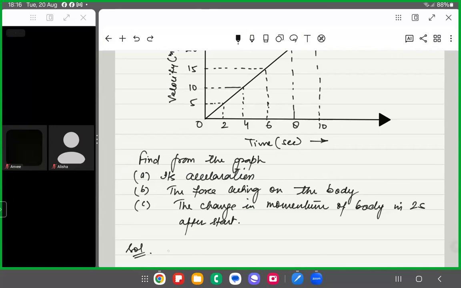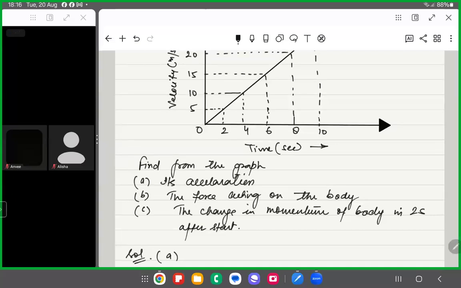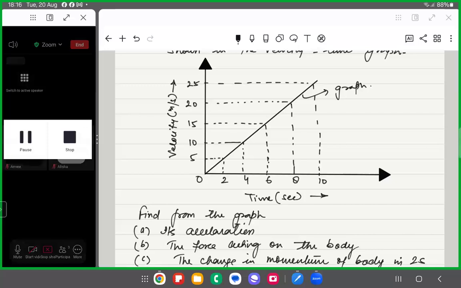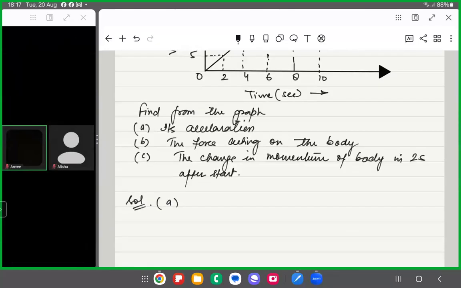So in the first part, as you can see, you have to find the acceleration. When you are given a velocity time graph, what does the slope give you? The slope of the graph will tell you what? Yeah.